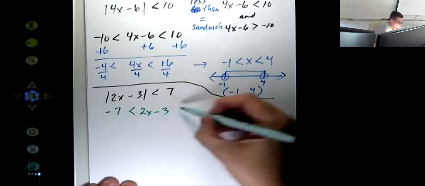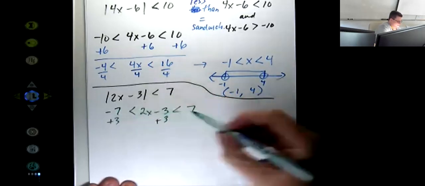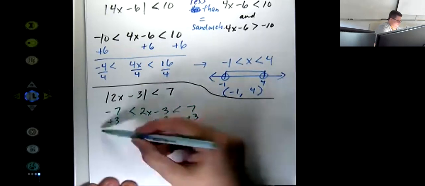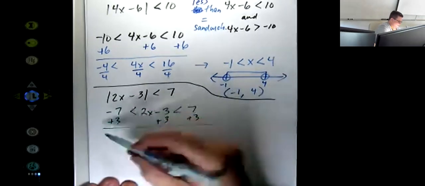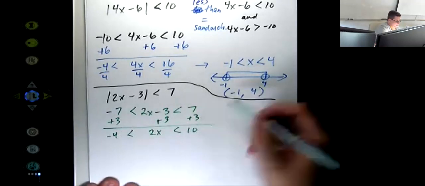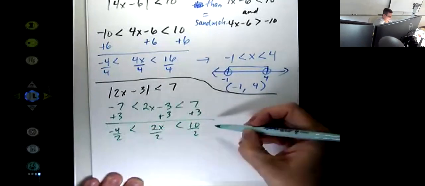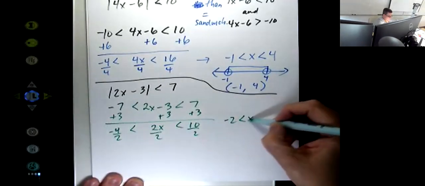If you're done writing, so it looks like you're ready. Make the sandwich. Add 3 everywhere, I get -4 is less than 2x is less than 10. Divide by 2. And I get -2 is less than x, which is less than 5.